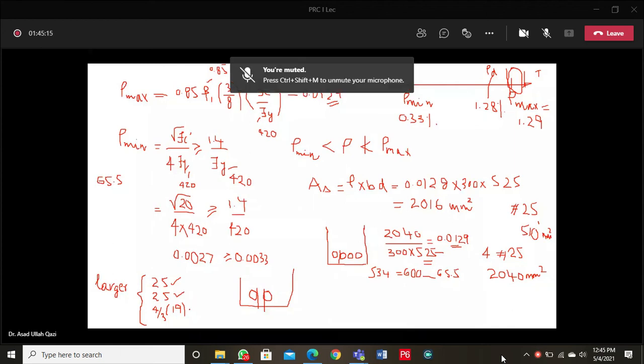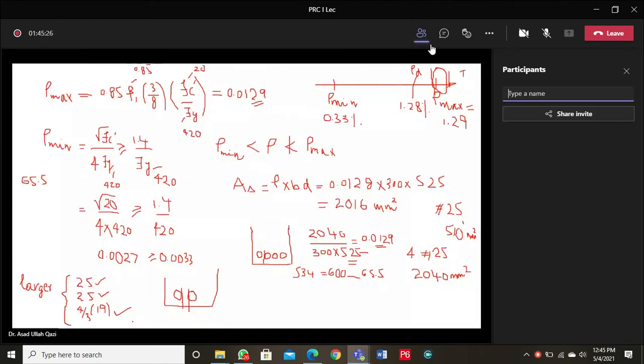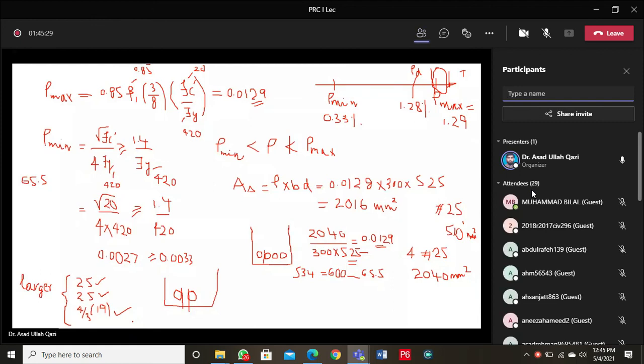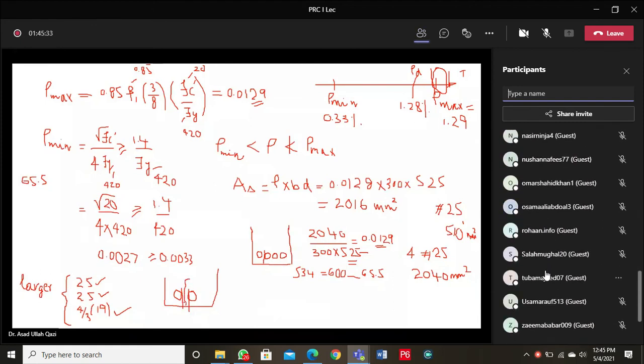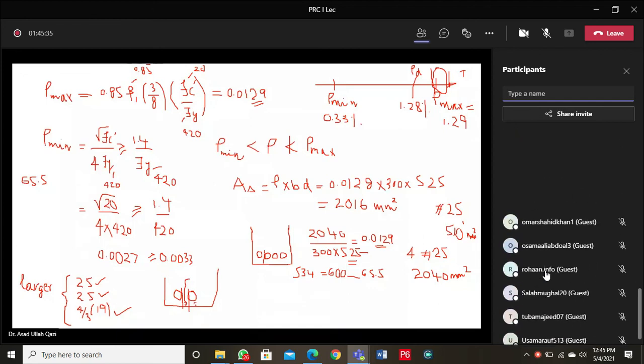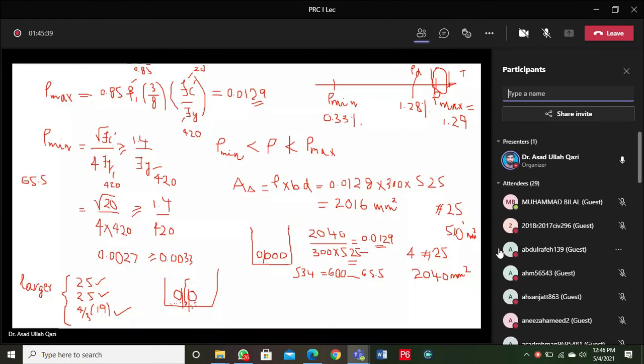Third is 4/3 times the coarsest aggregate particle, because if you have a clear gap less than this, your coarsest particle cannot flow through the gap. So the quality of the cover concrete will be compromised if bars are closely packed.